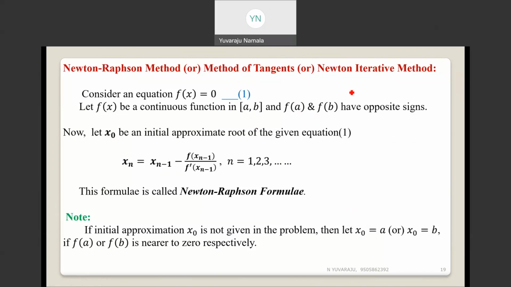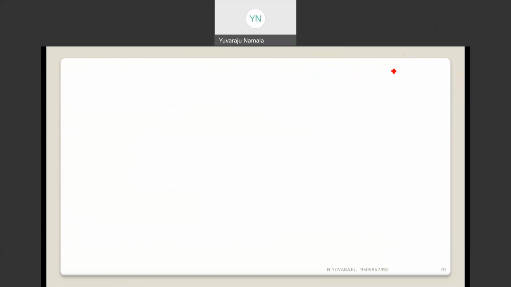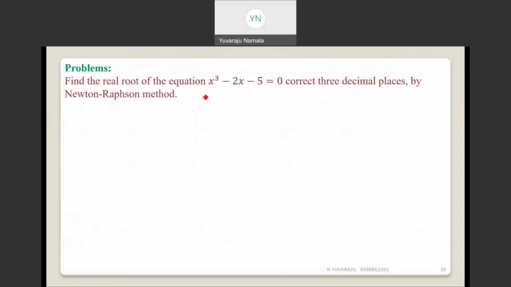Okay, now go to the problems. See our first problem here. Find the real root of the equation x cube minus 2x minus 5 is equal to 0, correct to 3 decimal places by the Newton-Raphson method.